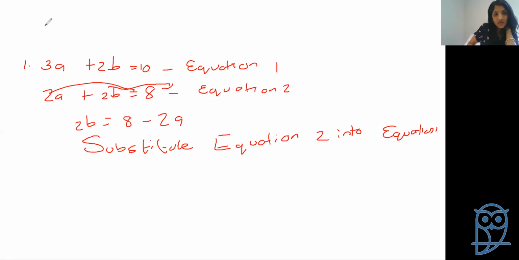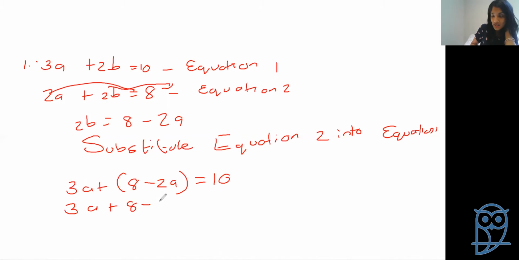Using equation 1, we'll say 3a plus 8 minus 2a is equal to 10. 3a minus 2a is equal to 10 minus 8, because now we've taken the 8 across.